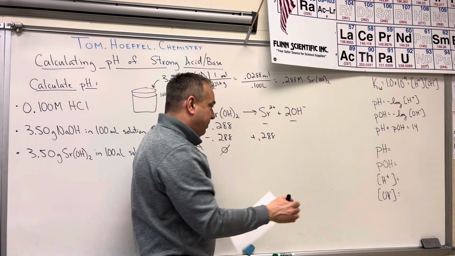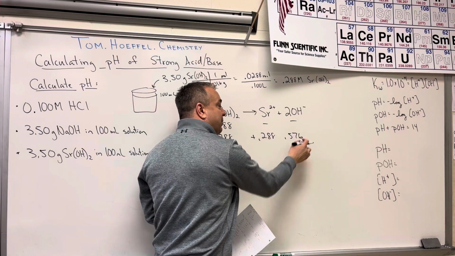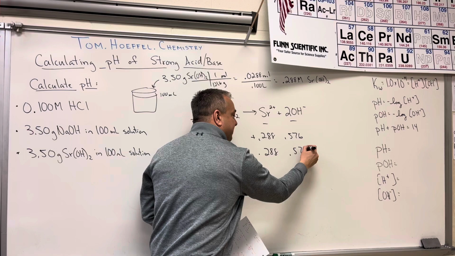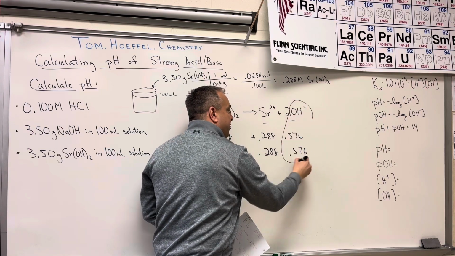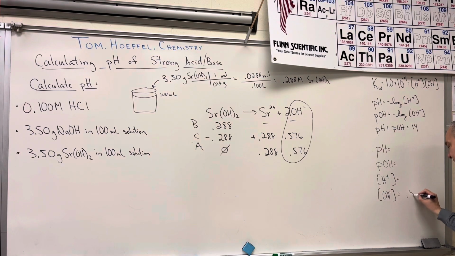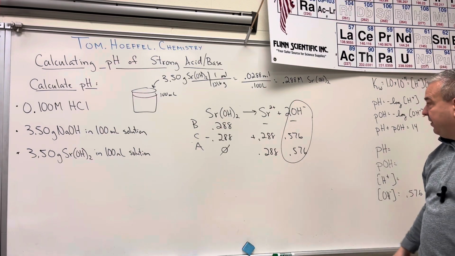And that number is going to come out to be 0.576. So if I double this, it equals 0.576. And it's that 0.576 number that I'm really interested in, because if this is the concentration of the hydroxide ions, then I just finish the problem the same way I did the other two.